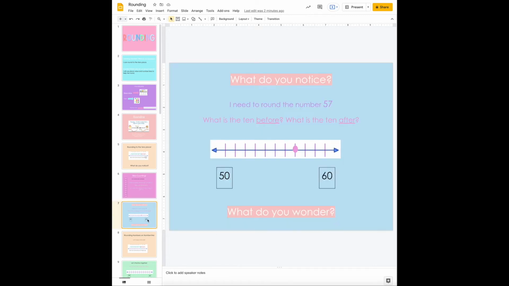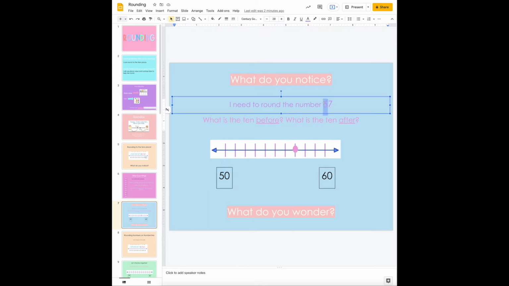Okay, so let's practice one together. Just like we did, we're going to round the number 57. I'm going to think, what 10 comes before 57? I know because it's already in there. That's kind of our trick. We can look at the tens place, and whatever 10 is there is going to be our starting 10. So I know it's 50. Now I think, what 10 comes after 50?